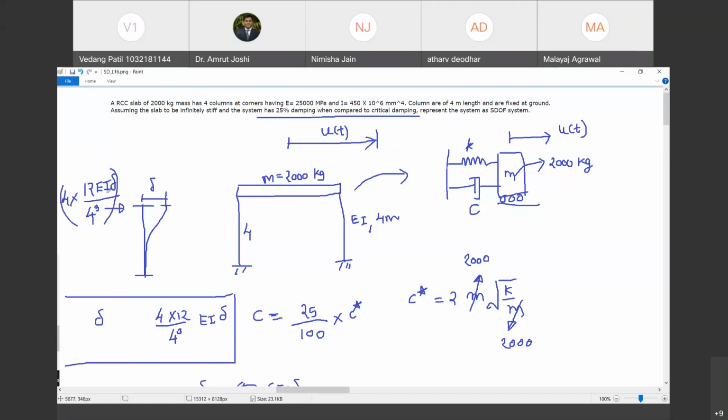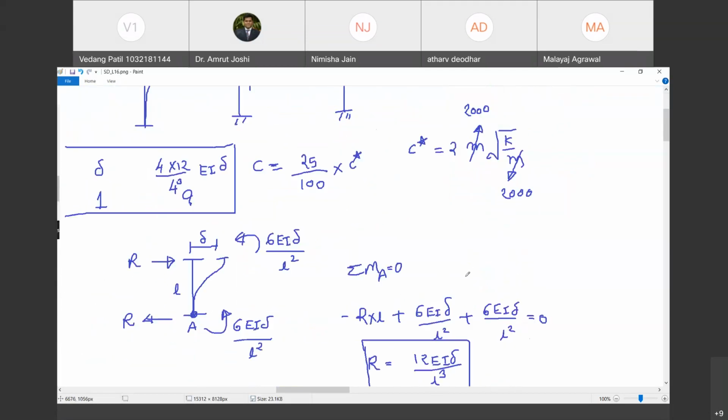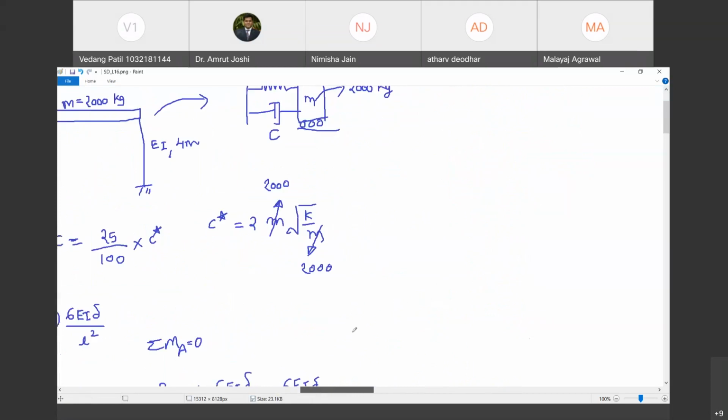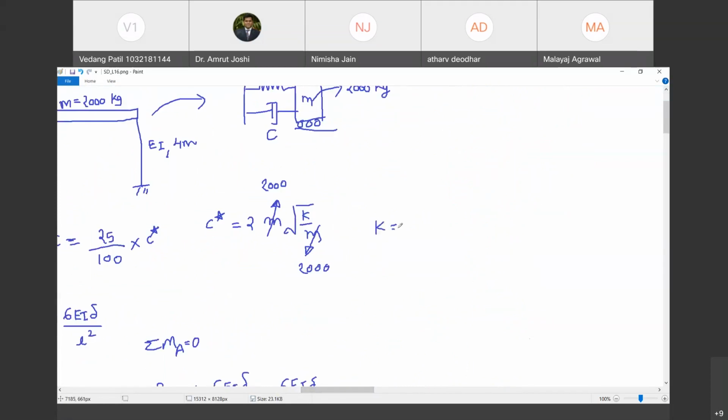Stiffness is the force required to cause unit deformation. So if I want delta to be 1, how much force should I apply? 1 upon delta into this. So that is nothing but 48 upon 4 cube EI. Do you agree with me? Yes, sir. So can I write the value of K as 48 upon 4 cube into EI?